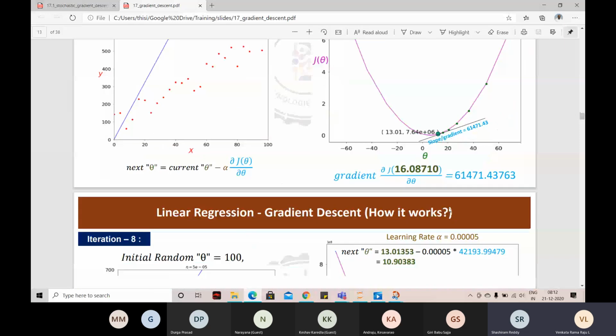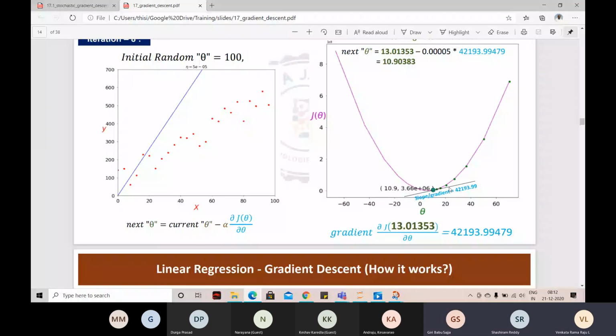Step size is becoming smaller. Why? Slope is reducing.